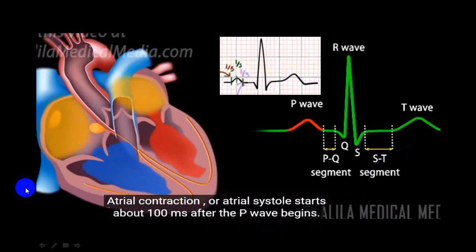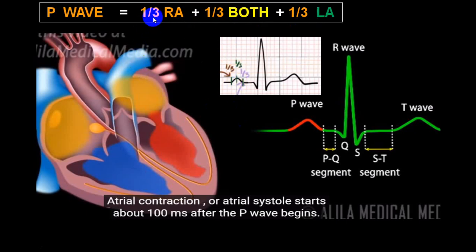Now if you see the P wave components, the P wave is formed from basically two components, right atrium and left atrium. The first one third is purely from the right atrium, the last one third is purely from the left atrium, and the middle part is a summation of right plus left.